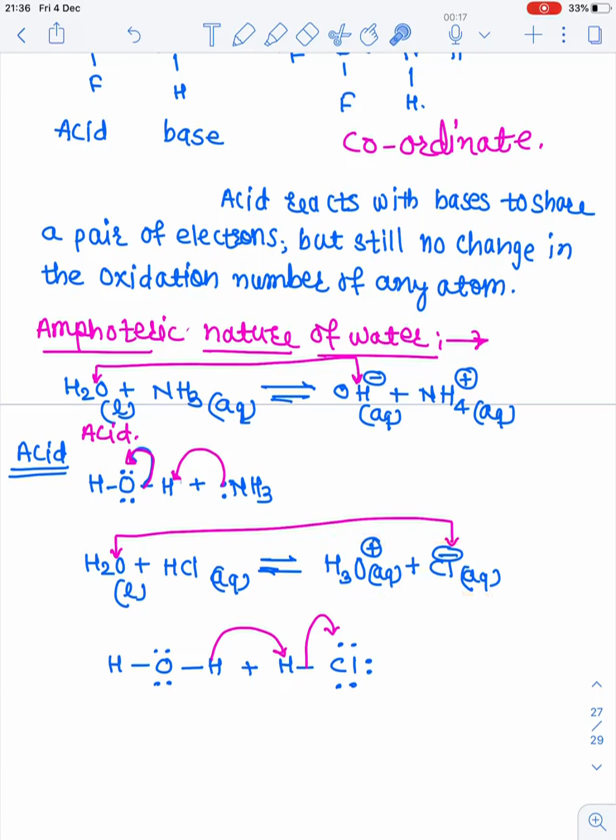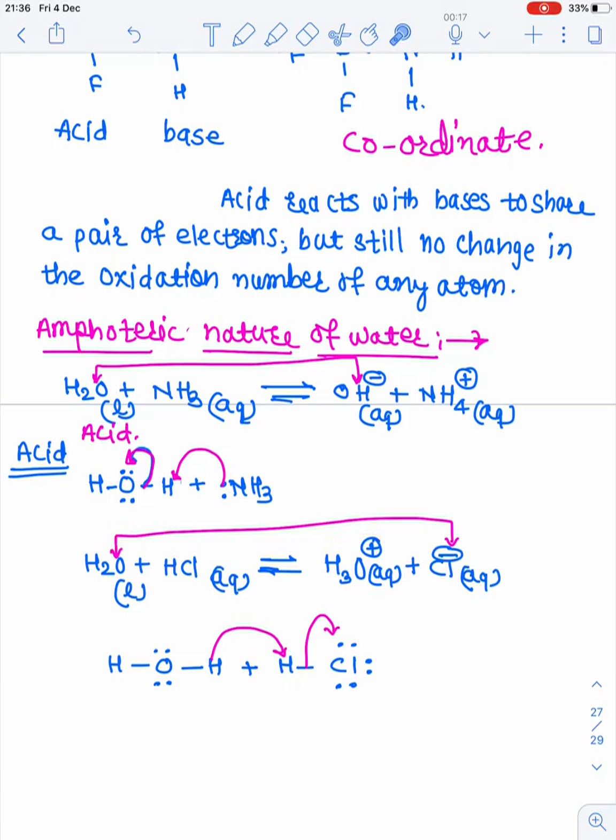Now in this reaction, in the HCl there is a H positive ion, right, and the Cl negative ion. Now this HCl will just donate a H positive ion to the H2O molecule, and therefore the H3O positive ion is produced.